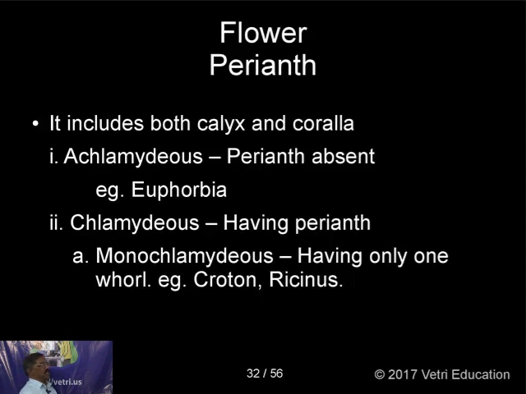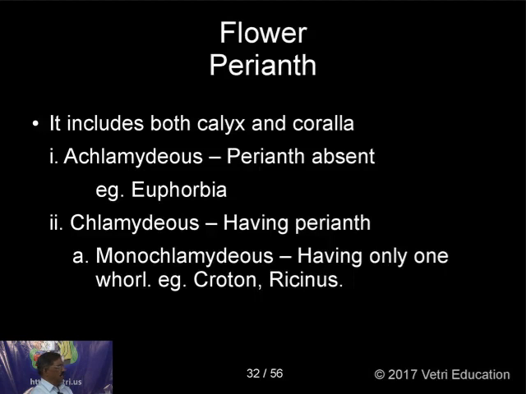So the next heading, perianth. I told you already, perianth is nothing but the calyx and corolla when they are not differentiated. Achlamydeous: A means no, so no perianth. Perianth is completely absent, petals and sepals absent. Example, euphorbia.